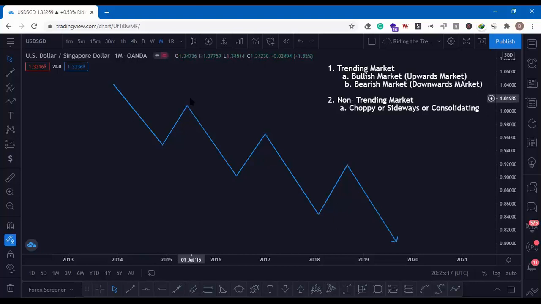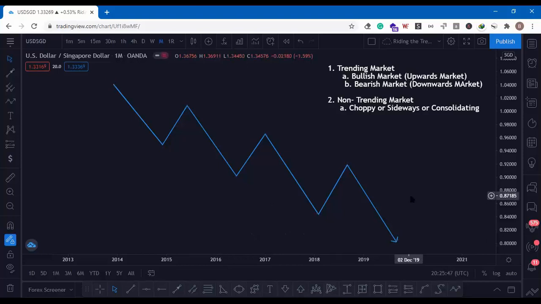Then when he has enough energy, he goes again, gets to a point, wants to rest, relaxes, and then goes again in that format until he gets to his destination. So that's how price usually acts. It doesn't move in a straight line, but it goes, comes back, relaxes a bit, and goes again.